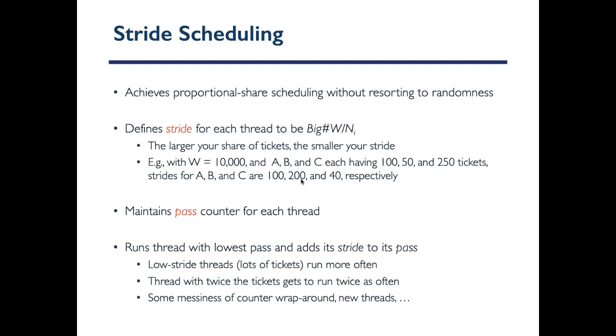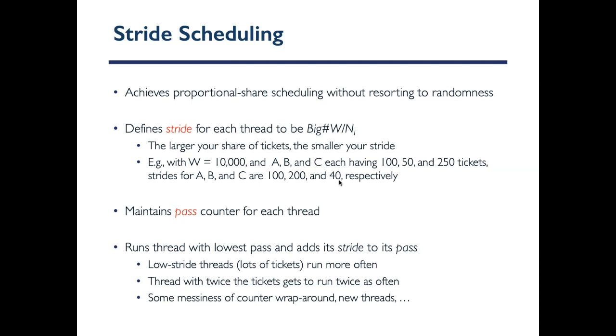So we choose between the ones with the lowest pass, A and C. Let's say we choose A. After that time quantum, A's pass becomes 100. The third time we make a scheduling decision, we choose C because C's pass is 0. At this point, we add 40 to C.